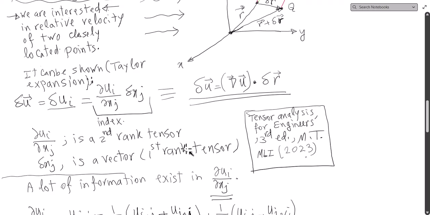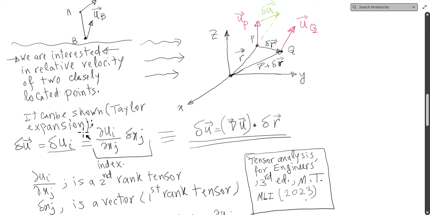Now, it can be shown using a Taylor expansion, and I will not go through it here, that this relative velocity, which I designated here by delta u, in index notation is actually the gradient of the velocity vector times delta xj.